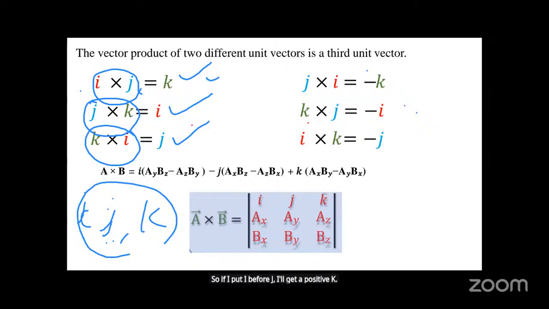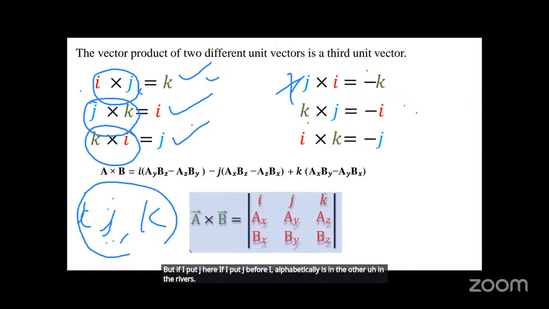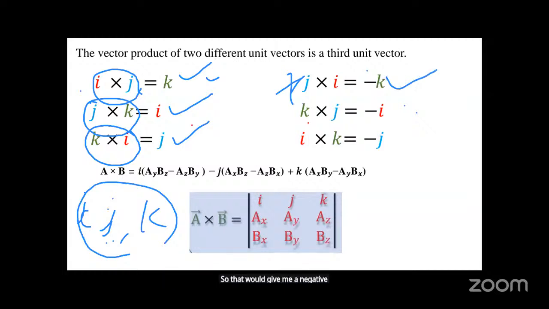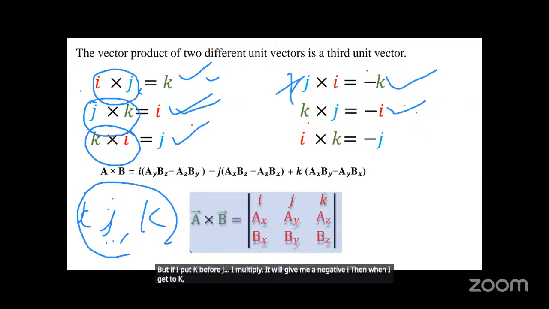But if I put J before I, that is in the reverse direction alphabetically, so that will give me a negative K. J comes before K, so if I multiply J and K, it will give me a positive I. But if I put K before J and multiply, it will give me a negative I. Then when I get to K in the circle, I move back to I again.